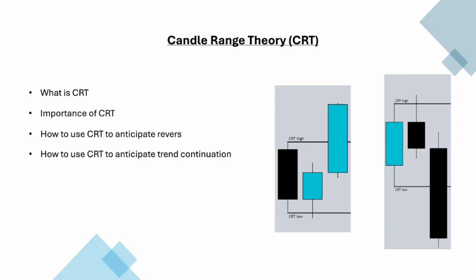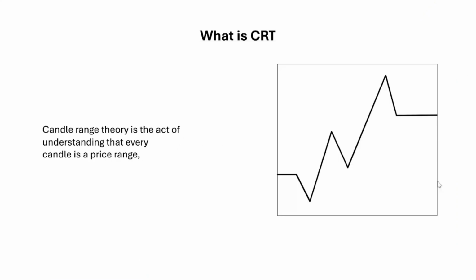So in this video, we're talking about what is CRT, importance of CRT, how to use CRT to anticipate reversal, and how to use CRT to anticipate trend continuation. CRT, candle range theory, is the act of understanding that every candle is a price range, which we have talked about: in every candle there is a price range, from an open price to a closing price.